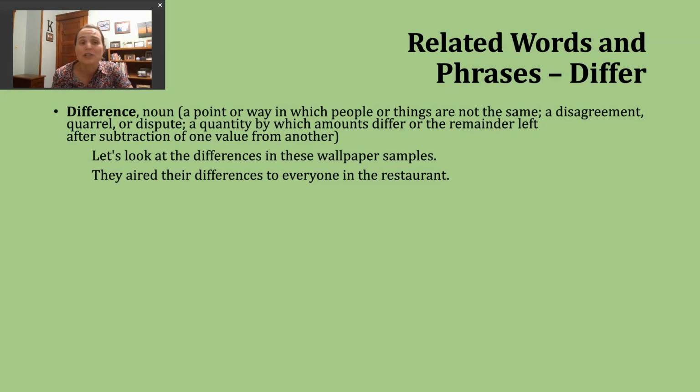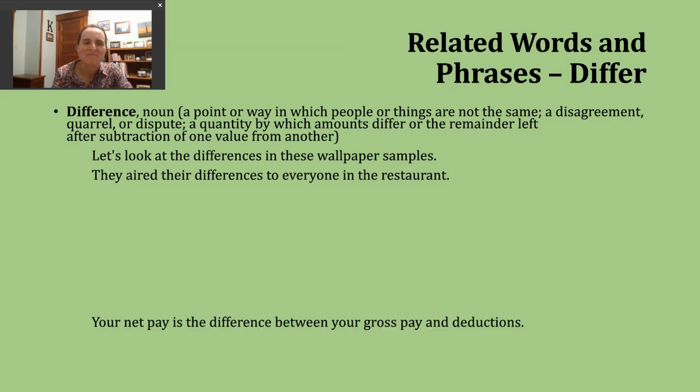A third way to use the noun difference is to talk about a quantity by which amounts differ, or you might hear it used in connection to subtraction. So it's kind of the remainder left after subtraction of one value from another. Let's take a look at that definition in a sentence.